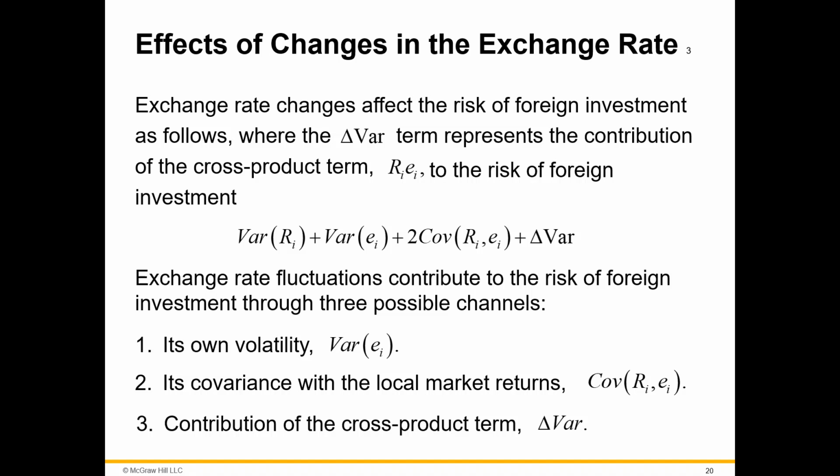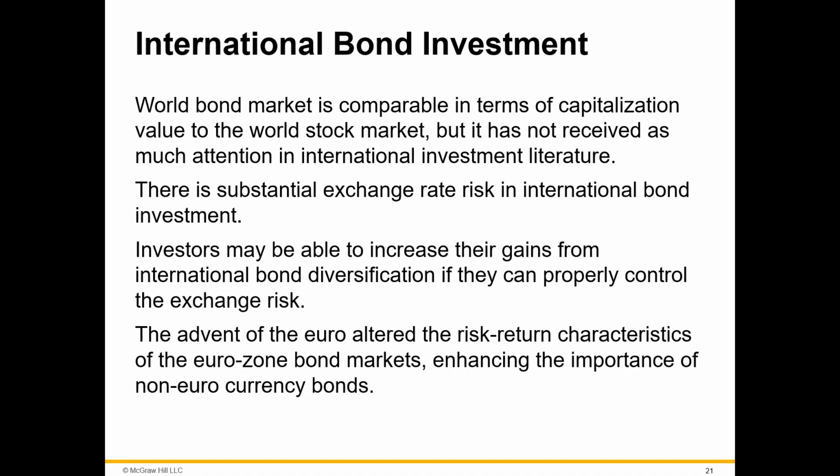We'll look at some data on that in a second. Now, the international bond investments follow the same kind of structure. International bonds are investable just like equities are, and we have kind of the same situation.